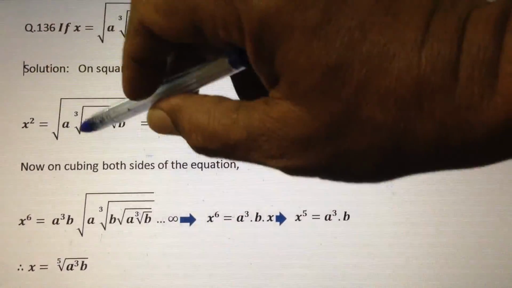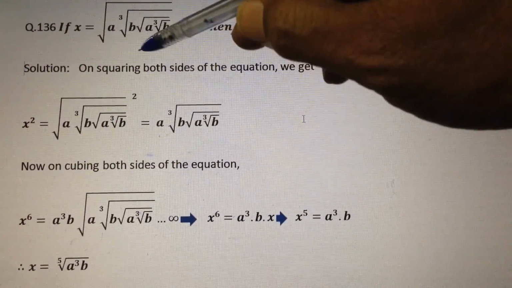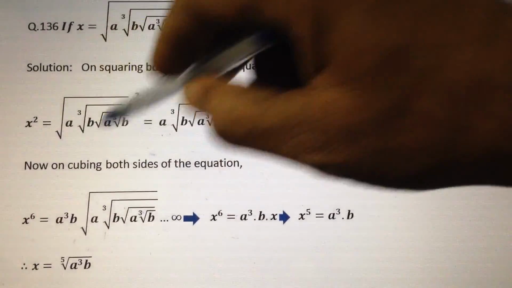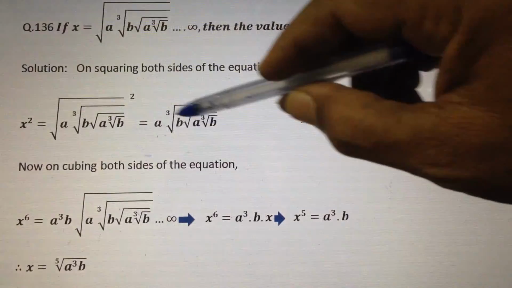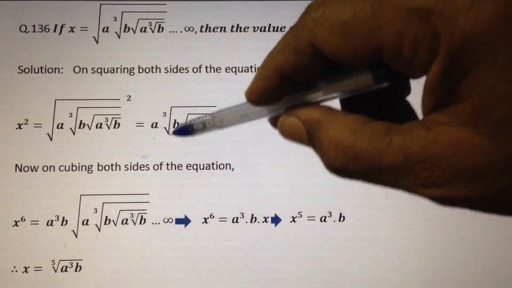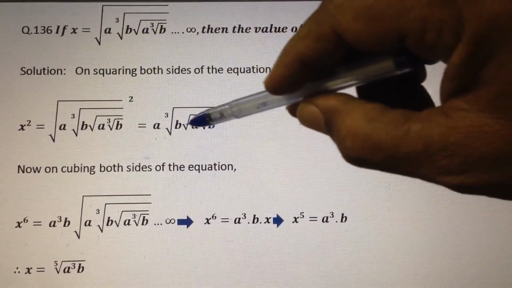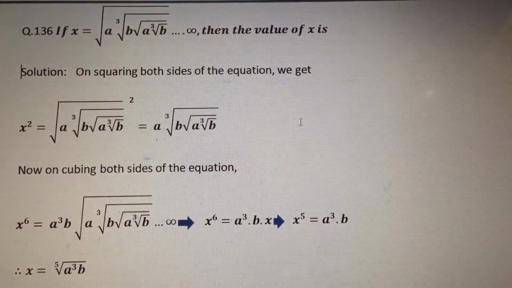Then x square is equal to the whole square of this entire thing, which is equal to a comes out of the square root, a into cube root of b into square root of a cube root of b.